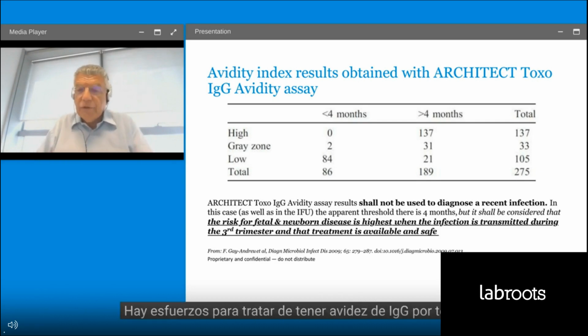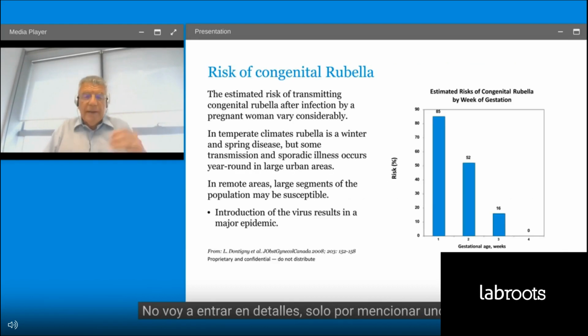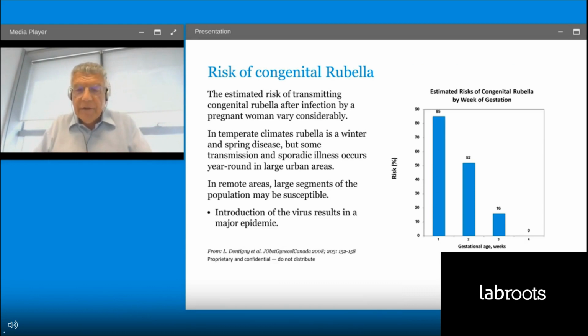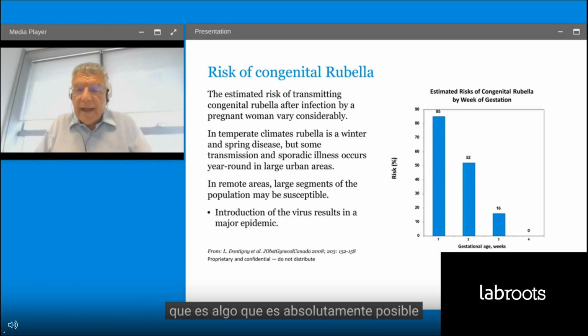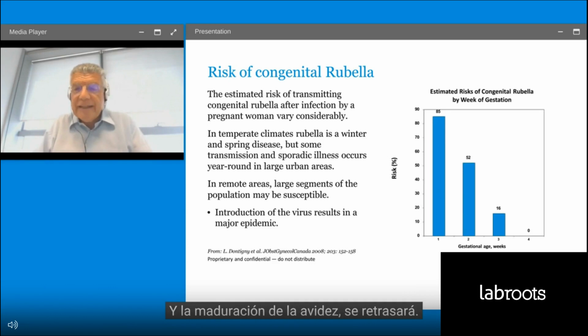There are efforts to try and have toxo-IgG avidity also able to diagnose a recent infection, but there are quite a few inconveniences I will not detail. Just to mention one, in case the infection is treated early after onset, which is something that is absolutely possible during pregnancies, as we have seen, then the serological response will not develop the same way as in untreated cases, and the maturation of avidity will be delayed.